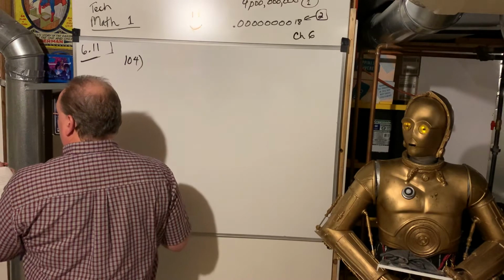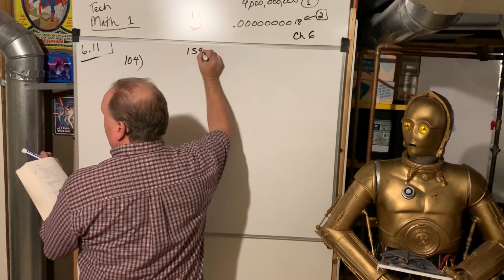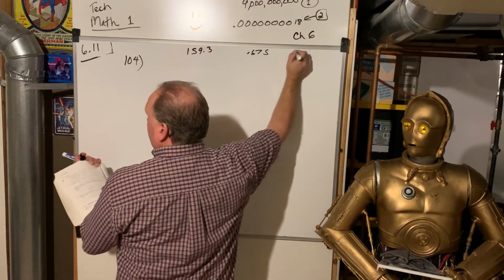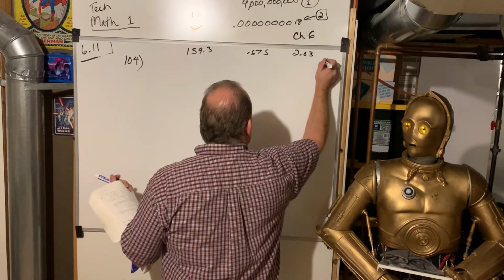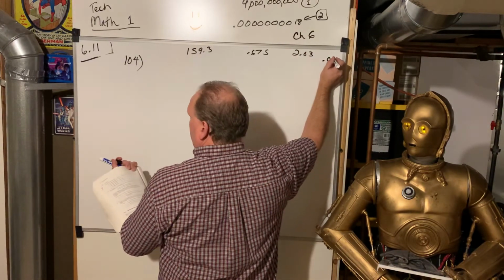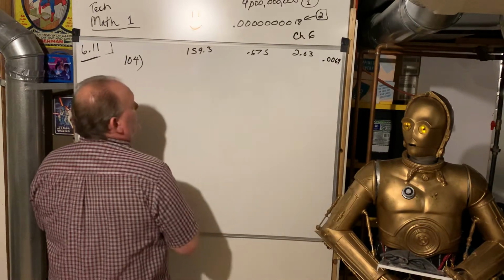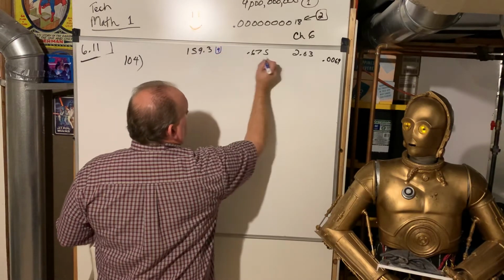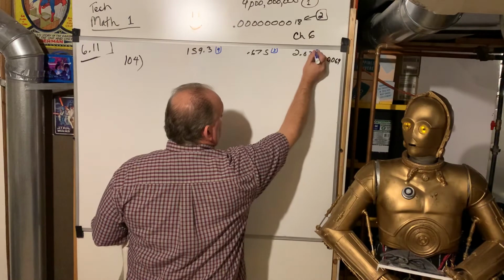And so they give me all of these numbers across the top. 159.3, 0.675, 2.03, and 0.0069. So this one has 4 significant digits. That one has 3. That one has 3.